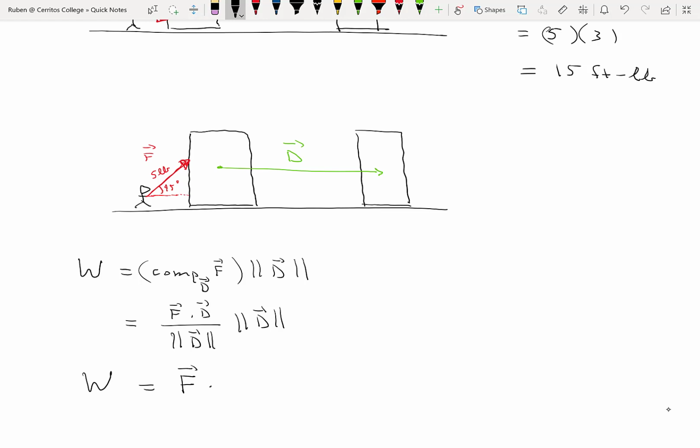The work required to move the object through a displacement vector D is equal to the dot product of the force with the displacement vector. This is the reason for the dot product, the first reason for the dot product.